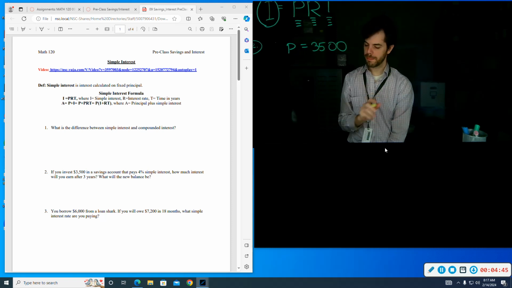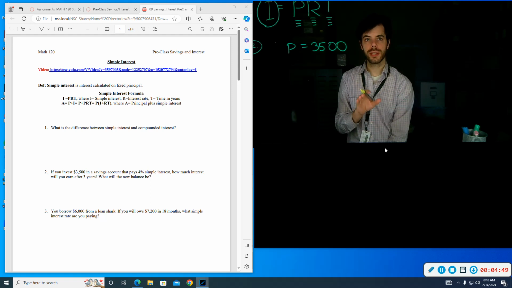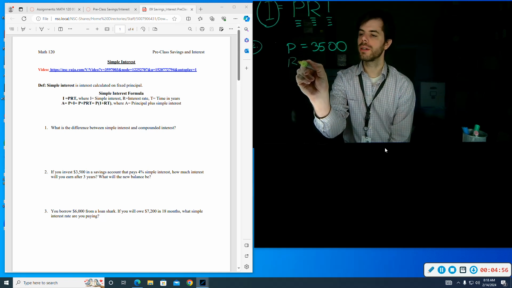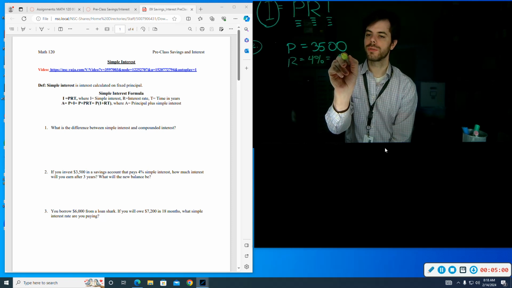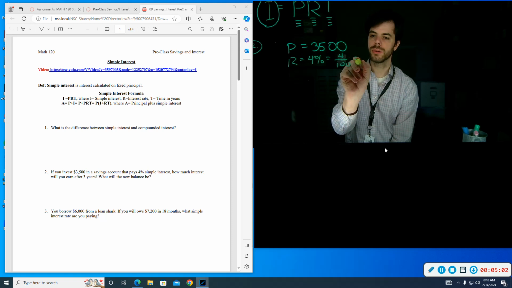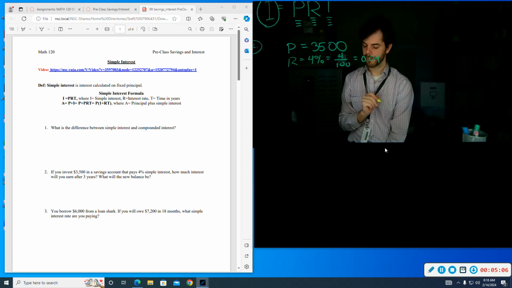In a savings account that pays 4% simple interest, that tells you your interest rate. Whenever you see that percent, it's an interest rate. So I'm going to write that down. R equals 4%, which equals 4 hundredths, or 0.04. Three ways of writing the same thing.